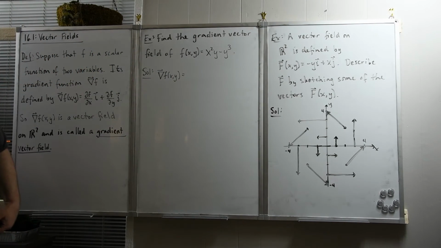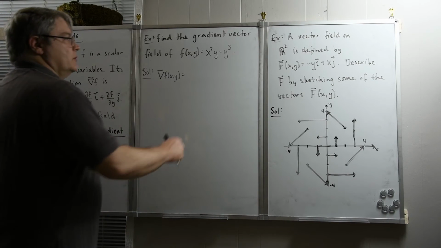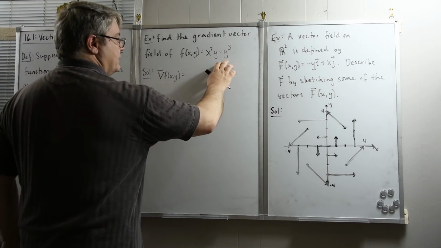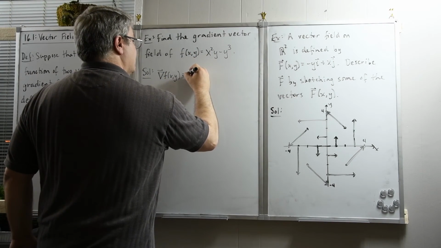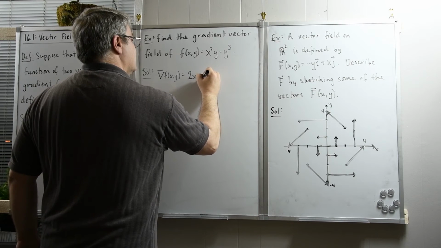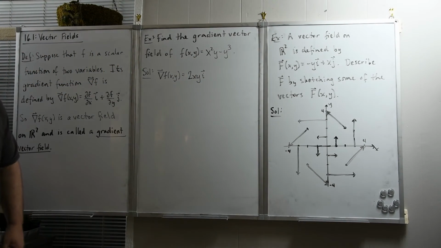Take a look at the partial of f with respect to x. And if we do that, then we have to keep in mind that y is treated as a constant. So partial f with respect to x, you're going to get 2xy minus 0 or 2xy. So 2xy will be our i component.